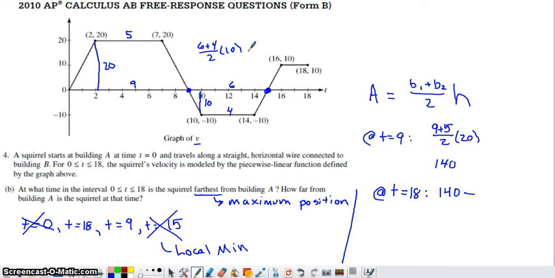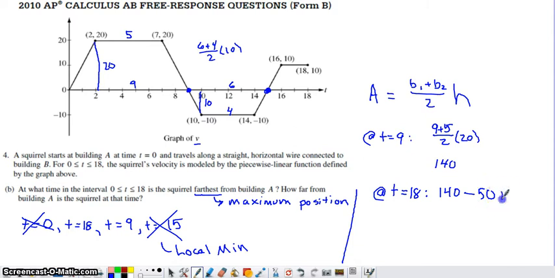So what's that going to end up being? 10 divided by 2, which is 5. 5 times 10 is 50. So the squirrel moves 140 feet toward building B across the first 9 seconds, and then it's moving 50 feet back toward building A across the next 6 seconds, minutes, whatever the units of t are.